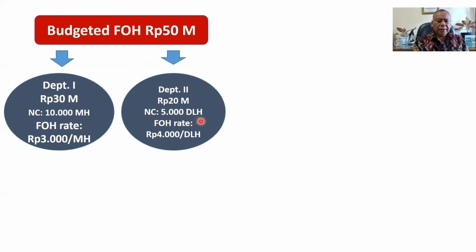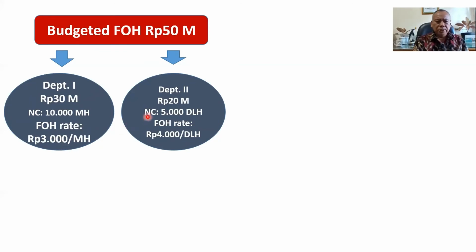And then after that, we can find the factory overhead rate for each department. So in this case, for department 1, the factory overhead rate is 30 million divided by 10,000 machine hours, so we find 3,000 per machine hour.